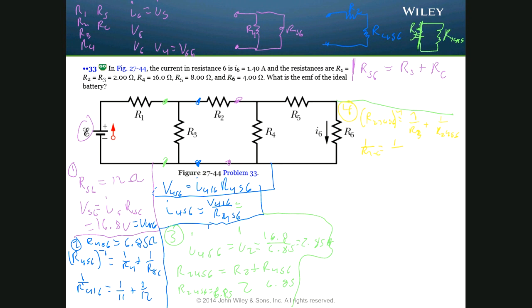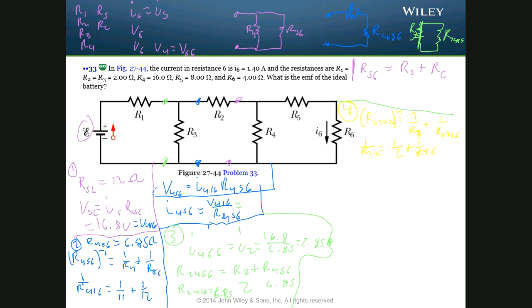1 over R is going to be equal to, so what's 1 over, that's 2 again, right? R3 is equal to 2. And then we have 1 over 2 plus 1 over 8.85. Okay.